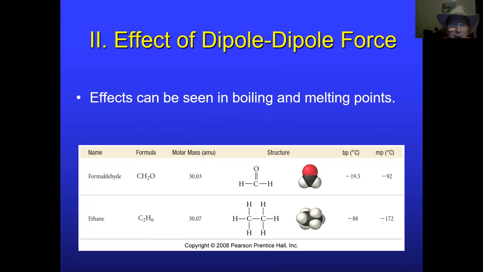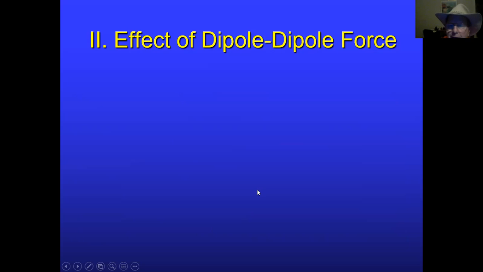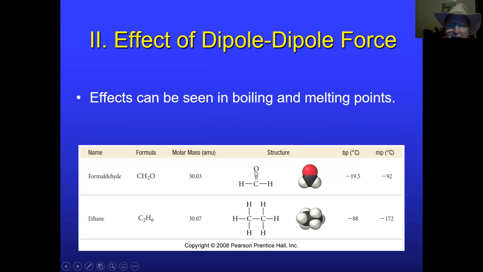So if I have formaldehyde, formaldehyde has a negative end because oxygen is more electronegative than the carbon, and it has a positive end. So if I have another formaldehyde, it's going to locate with the oxygen straight by the carbon, another oxygen straight by the carbon. It has dipole-dipole forces. Ethane, because carbon and hydrogen bonds are nonpolar, has no dipole-dipole forces.